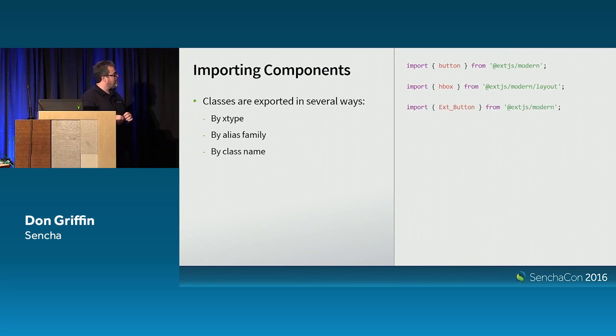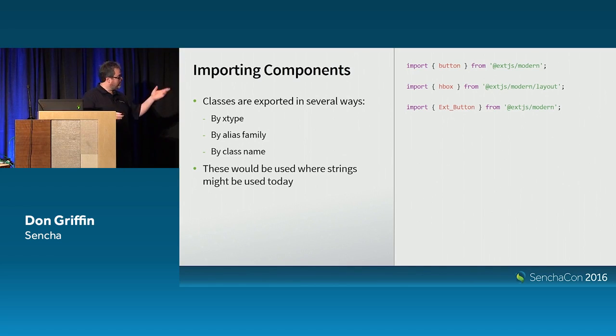This is kind of the last stop, so if you have something by a class name somewhere, you can always still import it by class name. You can't use dots because the things that you can import and export have to be valid identifiers. And so that was our current placeholder for import by class name, but we think this will be probably the minority.